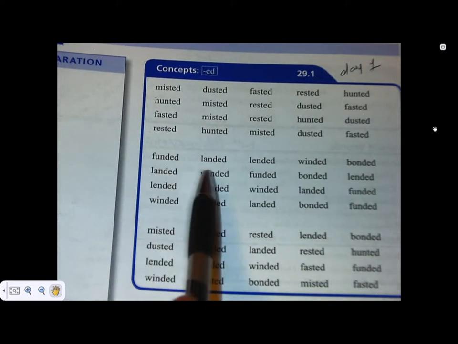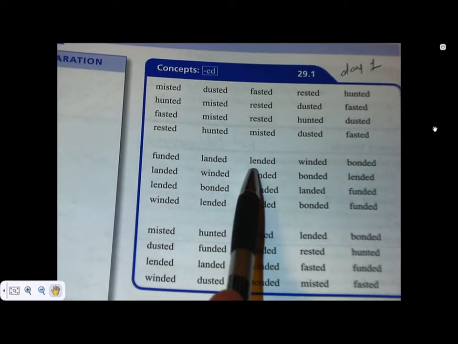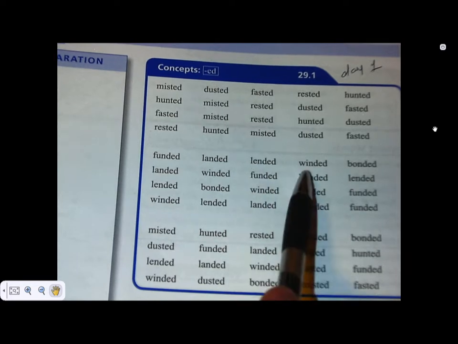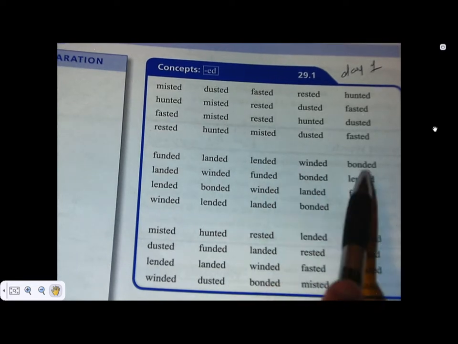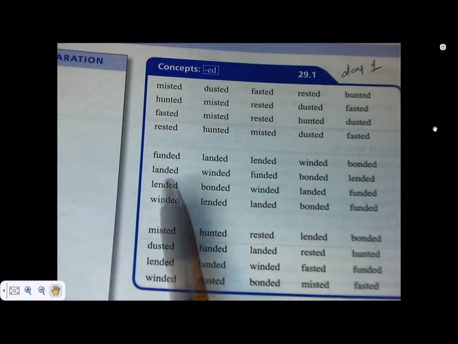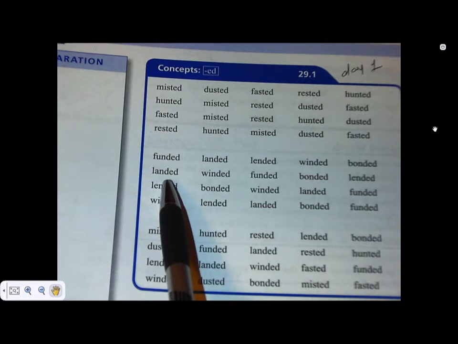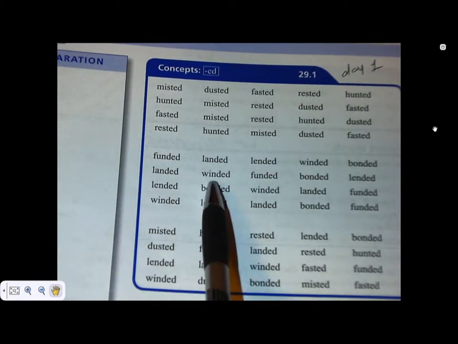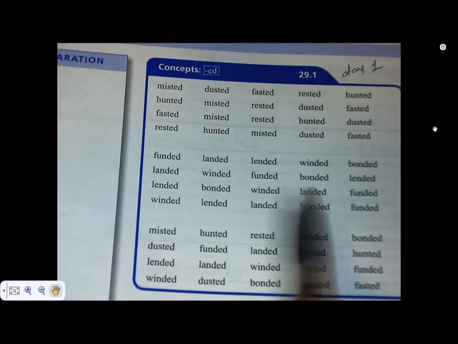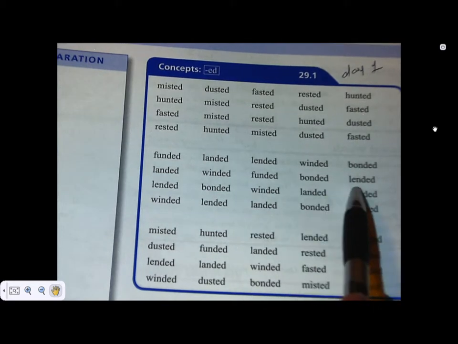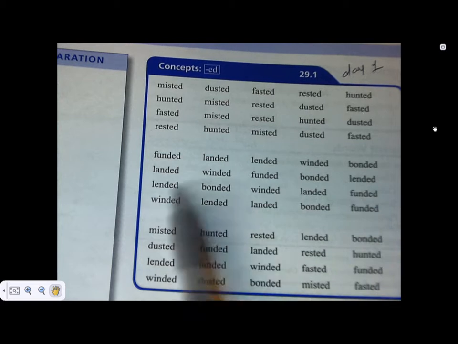Funded, landed, lended, winded, bonded. Next row with me. Landed, winded, funded, bonded, lended. Your turn to lead.